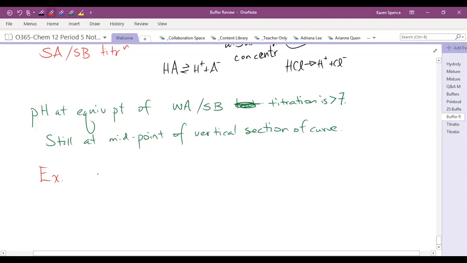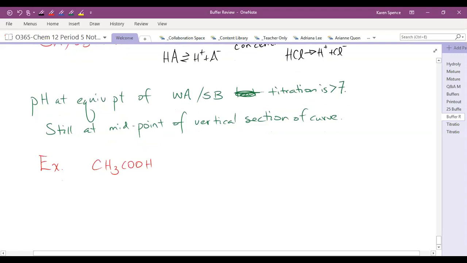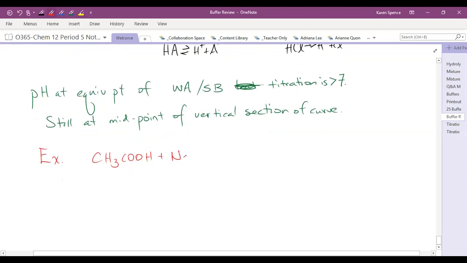If we had our weak acid, let's call it CH3COOH, acetic acid, CH3COOH, okay? And we put it together with some NaOH. Our products would be NaCH3COO plus H2O. There's our salt, and there is our water.